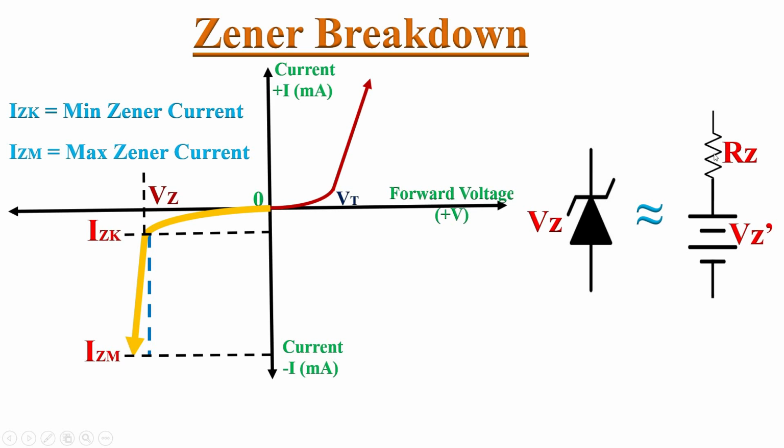Due to this resistance, when the current flowing through the Zener diode increases, the voltage drop across the Zener resistor will also increase, so the overall voltage across the Zener diode will also increase. But for our analysis, we assume that Zener resistance is 0.